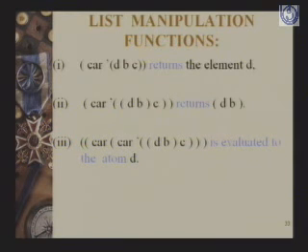Car means that you are given a list of elements. You want the first element of the list. For example, if you have got a list of people who have to be given their salary, the first element may be taken and he or she may be given the salary. Then you want the next element, next name, the third name, fourth name. So what you can do?